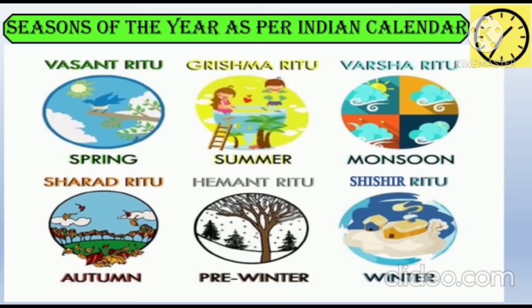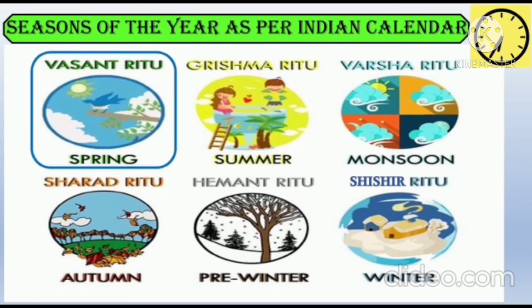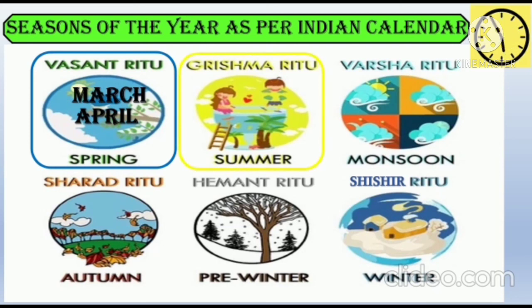Let us learn seasons of the year as per the Indian calendar. Vasant Rutu, that is the spring season. We'll have to remember the months that give us spring season, that is March and April. That is Vasant Rutu. Next is Grishma, that is the summer season.